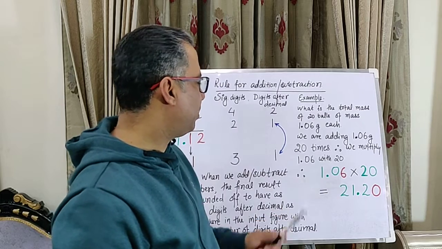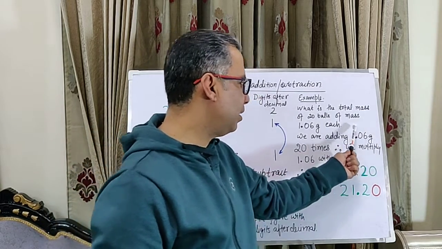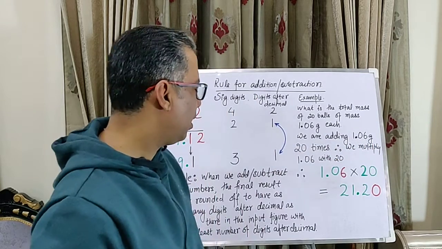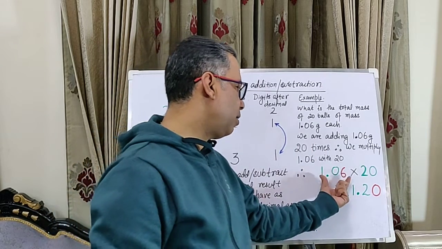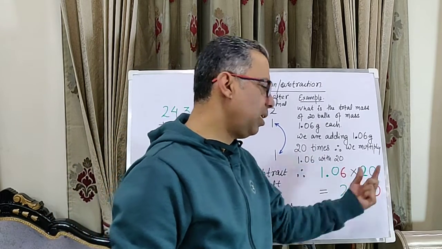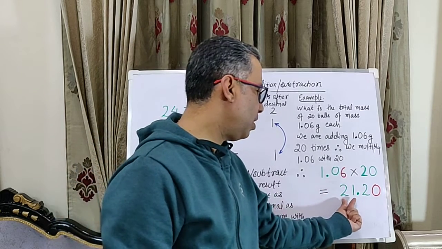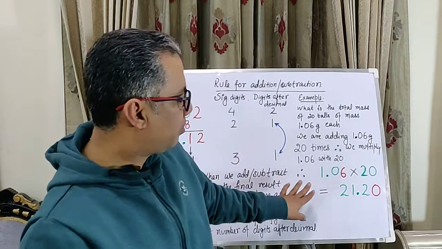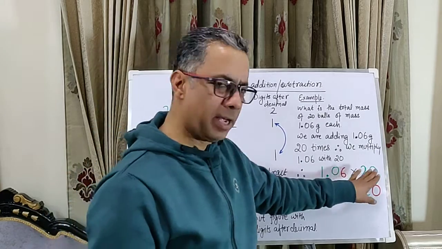Now when we add 20 masses of 1.06 gram each, as a shortcut what we can do is we can multiply 1.06 with 20 and the final result is 21.20. Now this is the result we are getting after multiplying.